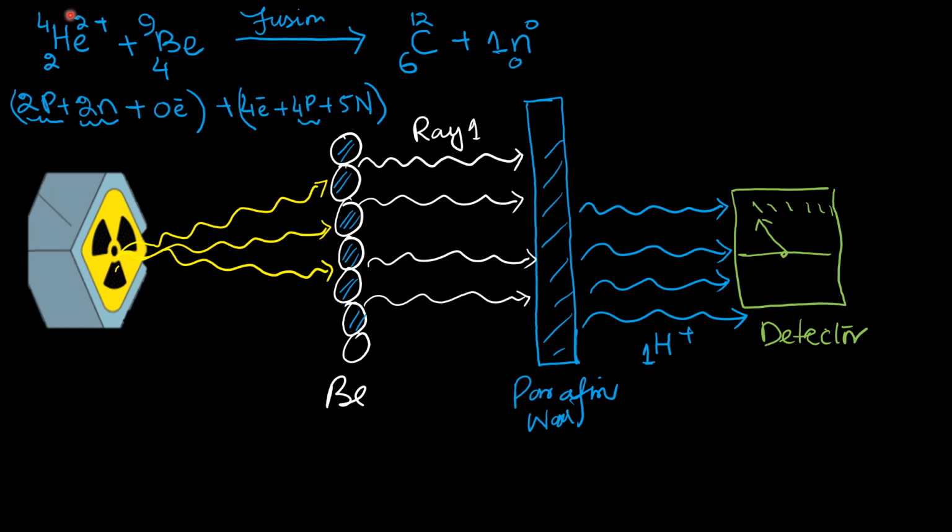So when alpha particles interact with beryllium they cause a fusion reaction, and due to the fusion reaction beryllium is converted into carbon, and it releases energy in the form of a neutron. So these rays are basically neutrons, and when these neutrons are incident on the paraffin wax, the paraffin wax causes the generation of hydrogen ions, which are basically protons, which were detected by the detector.